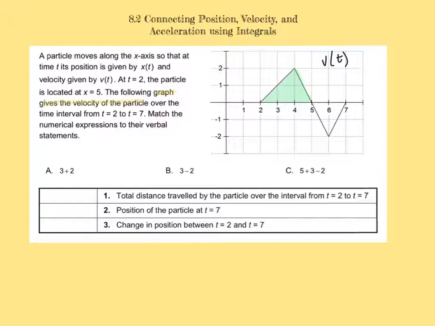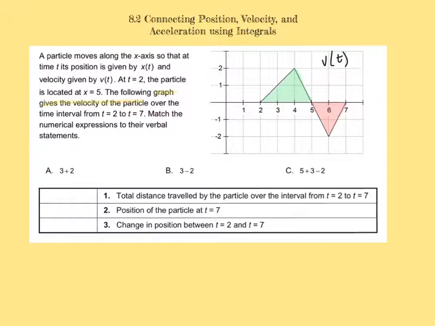So it's moving to the right. Then at time 5, the particle changes direction and starts moving left because now the velocity is under the x-axis. And so we have negative velocity, which means we're just moving in a different direction.